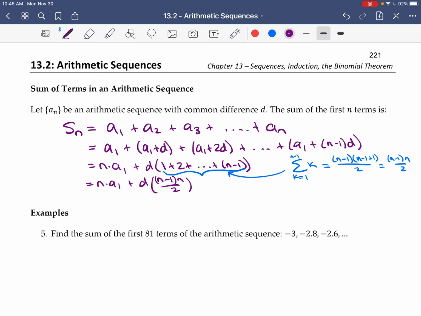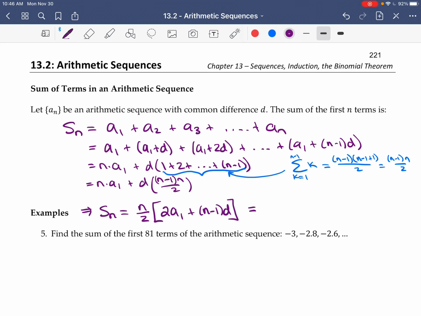Now, the way that they normally write this formula, I'm going to write Sn again. If I factor out n over 2, where I took out half of the n, the first term is actually going to be 2A1, and then over here I'm going to have (n minus 1) times D. So that's one way they often use it.